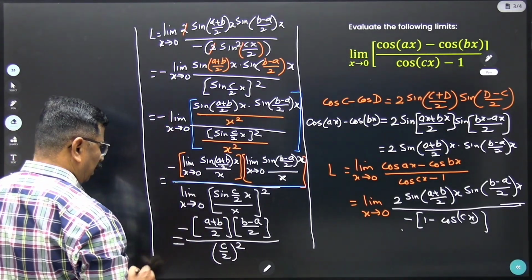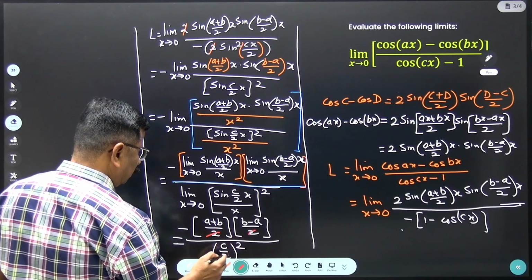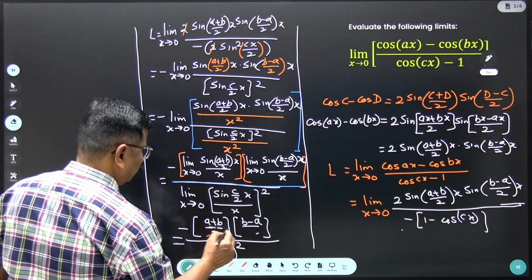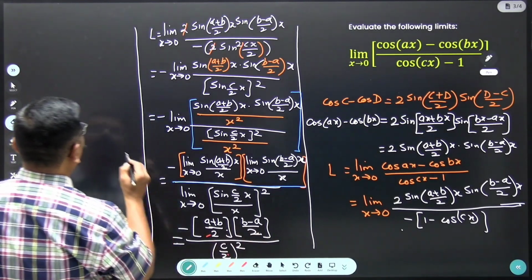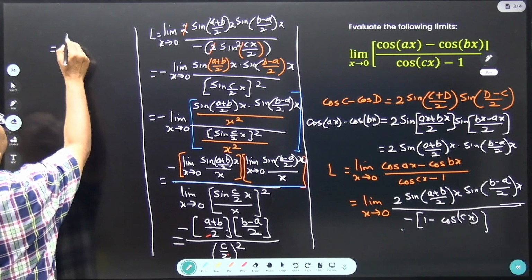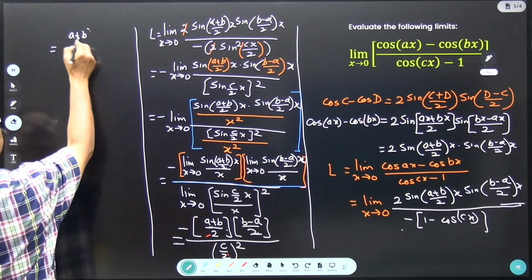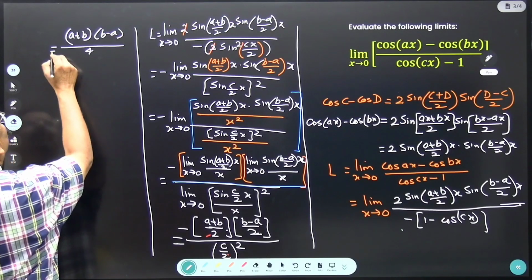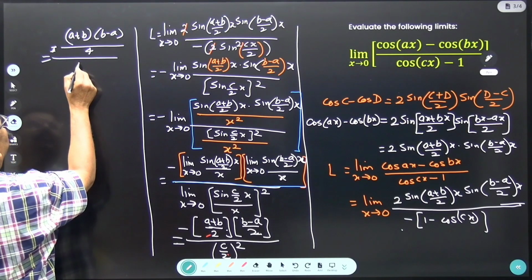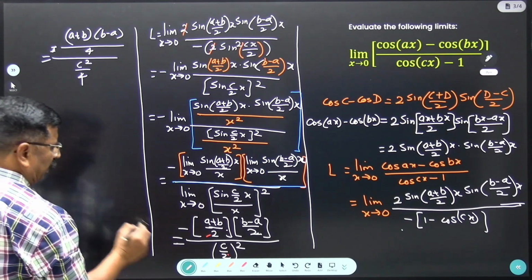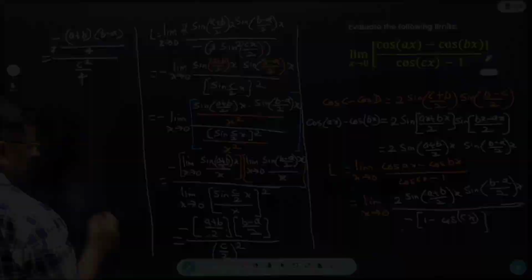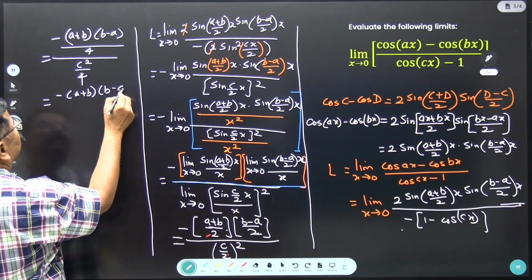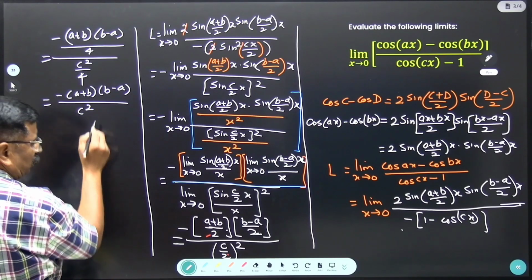Therefore, now this 2 will cancel with this 4. We'll write it separately. So this is (a plus b) into (b minus a) divided by 4, completely divided by c square by 4, and this minus sign here. So therefore minus (a plus b) into (b minus a) divided by c square.